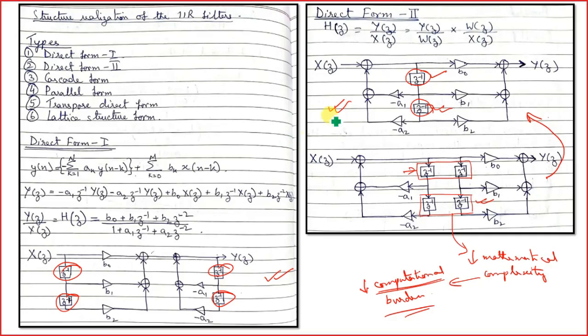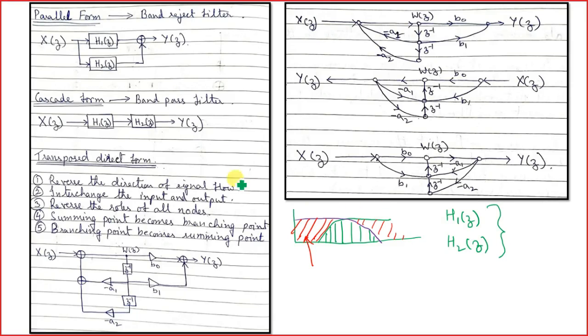You first implement H1Z and H2Z as per this form, direct form 1 or direct form 2, whatever you want to do, and then in cascade form you just implement H1Z, the first filter, and then the output of this filter you give to the second one. Okay, so you get a composite output.